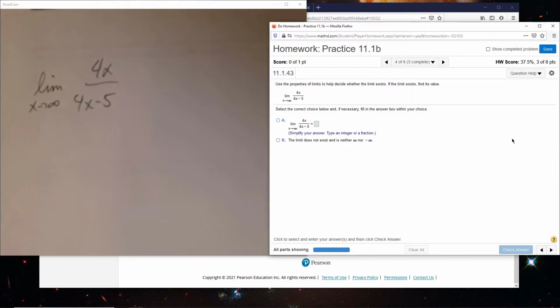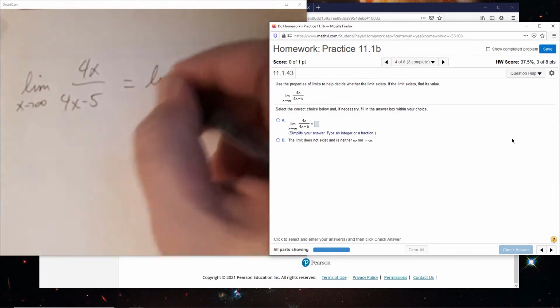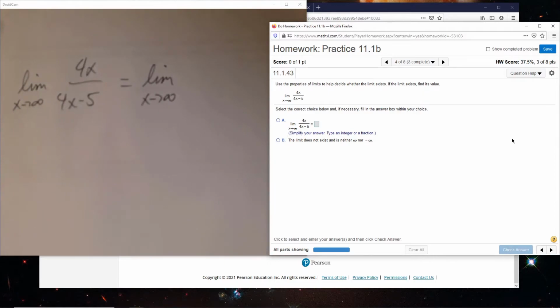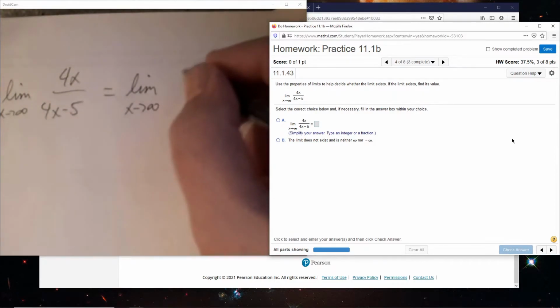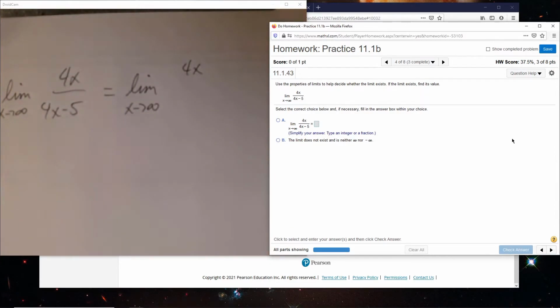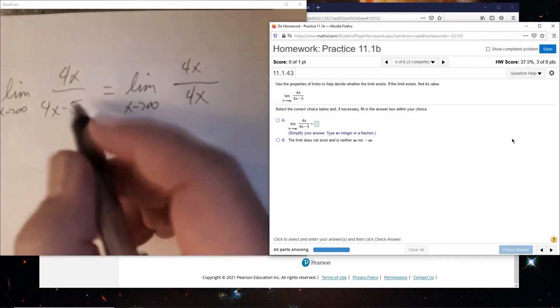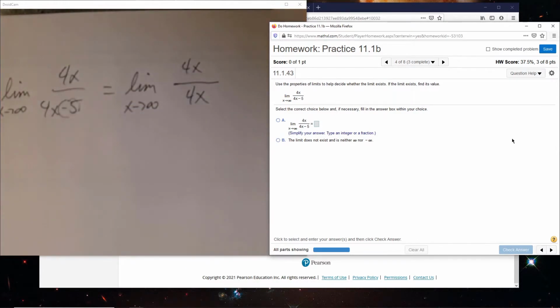And remember, this is all about dominant terms when x is going to infinity. So what we're going to do is only look at dominant terms. Now there's only one term in the numerator, that's 4x. So that's going to be the dominant term because it's the only one there. And in the denominator, the dominant term is 4x. So the minus 5 is all constants.